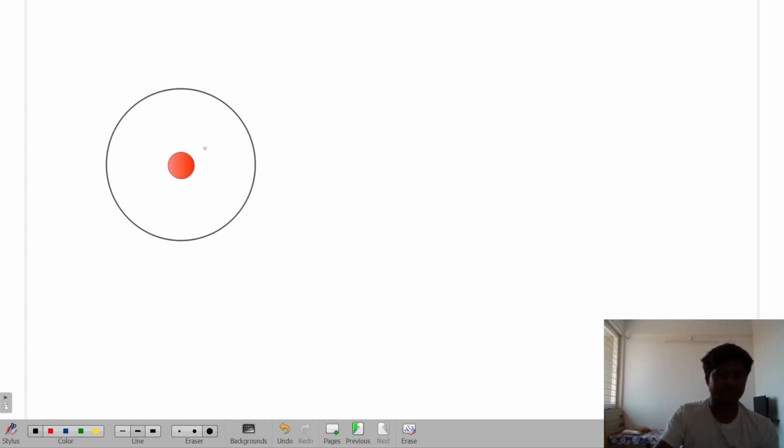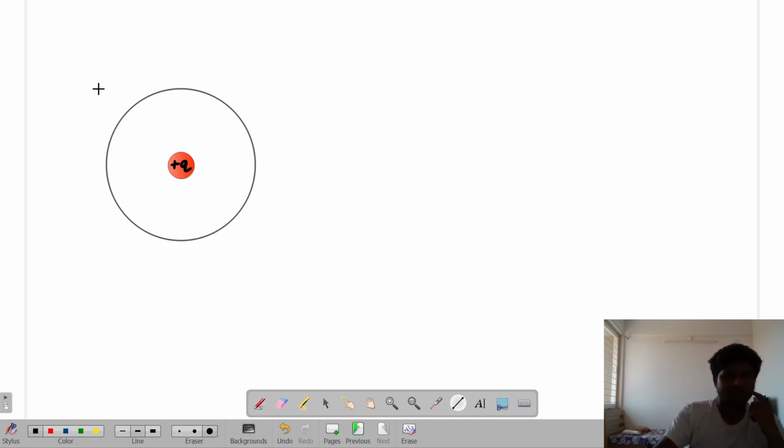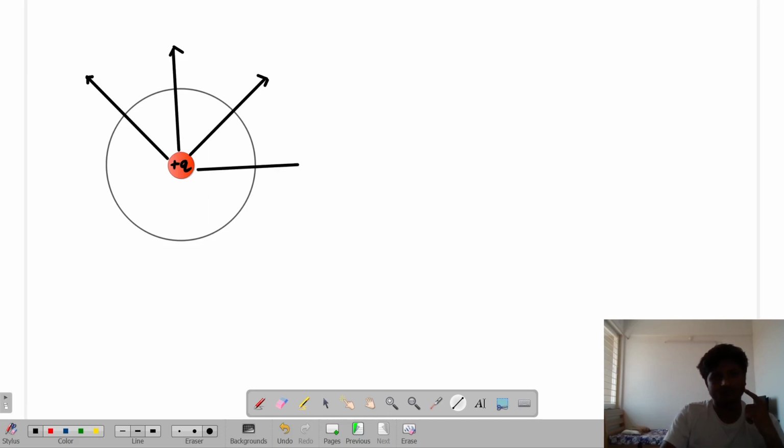So let's suppose the charge is positive, plus q. For them, you know that the electric field lines will emerge outward of it, isn't it? That's my electric field lines diagram.